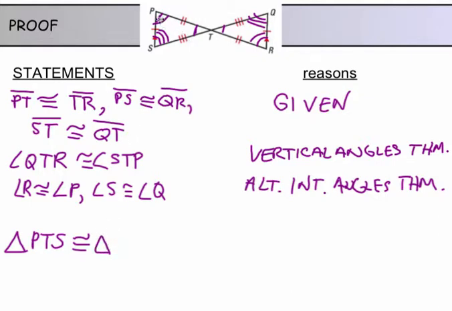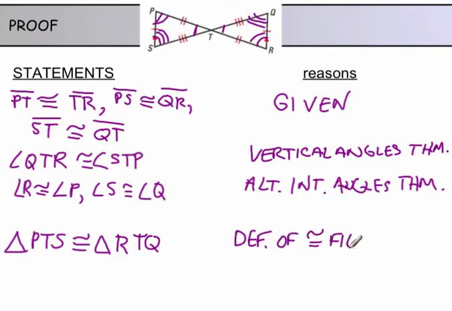Since this is P, we got to get the corresponding angle, so it'll be R. And then it's T, because those are congruent, and then Q. Okay? And this, the reason, is the definition of congruent figures.